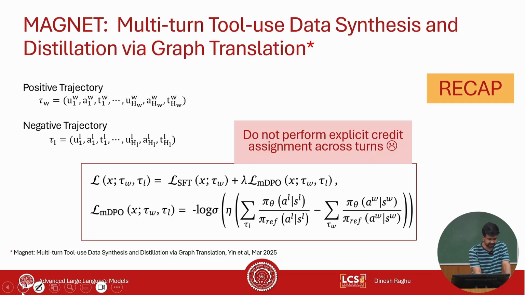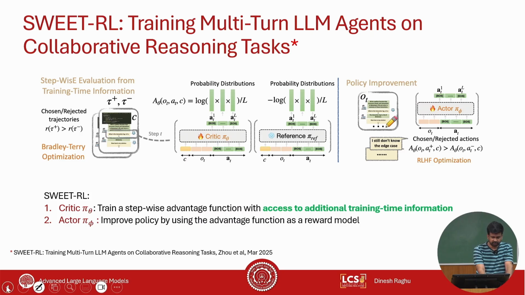And the condition that they say is that you need access to additional training time information. For a back end task, they say: give me access to all the test cases. I want to see all the test cases, so I know which test case I'm heading towards.